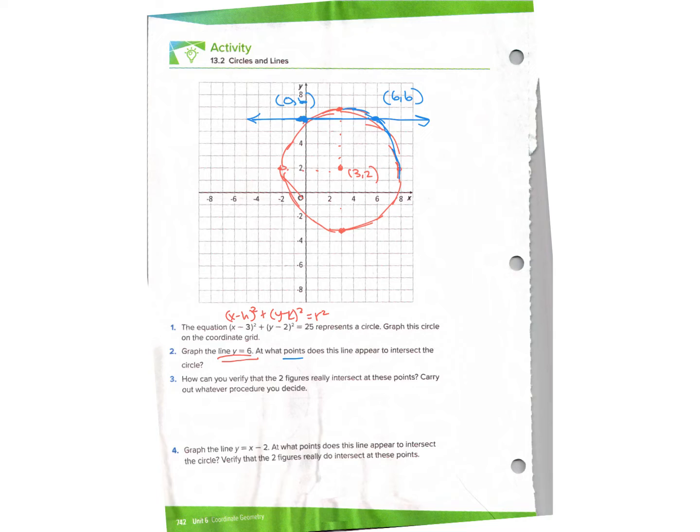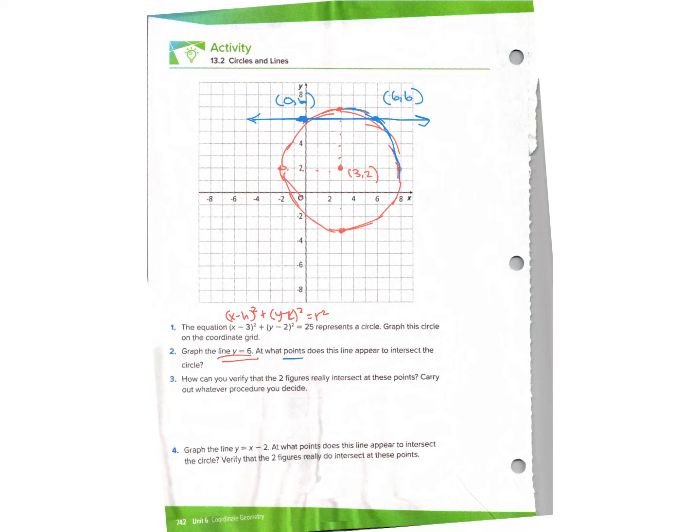But at this point, it doesn't exactly matter what points I pick because I'm going to verify them in the next step. So if it doesn't work, I know that I picked wrong and I'll try another point. So both of my points are on the line. They're on the blue line. What I'm not sure of is if they're on my circle.